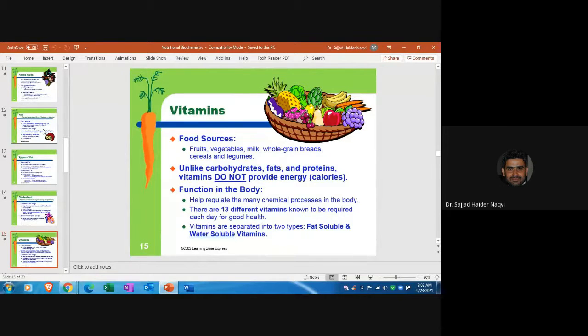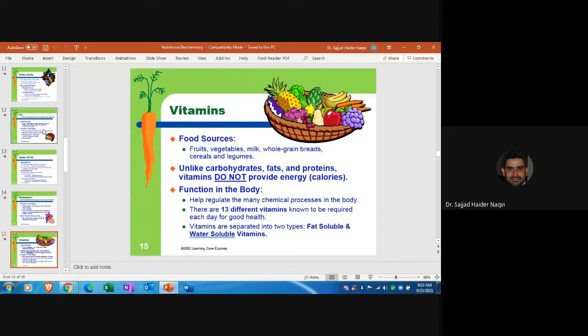Vitamins are accessory cofactors. Their food sources include fruits, vegetables, milk, whole grain bread, cereals, and legumes. Vitamins, unlike carbs, fats, and protein, do not have any calories themselves, but they are essentially required to produce energy from carbs, fats, and proteins.